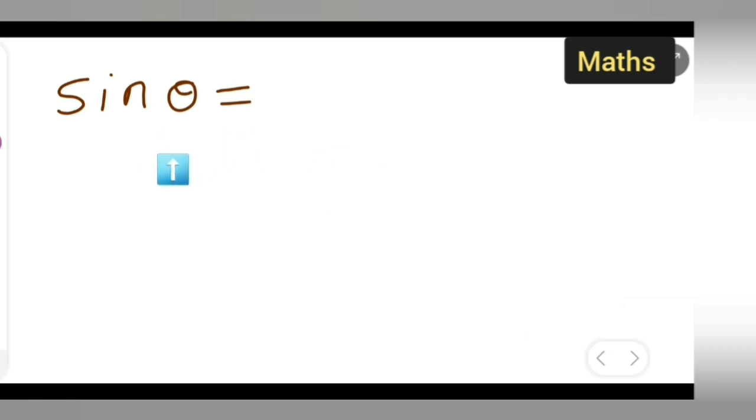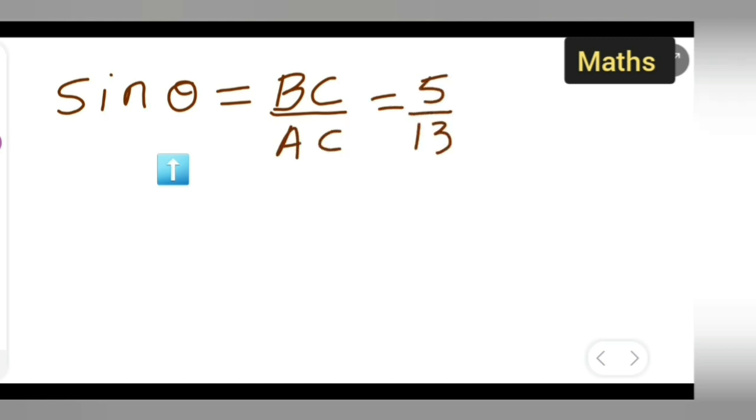Sine theta is what? Opposite upon hypotenuse. Now what is it? BC upon AC, which is equal to 5 upon 13. Next, let us find out the cos theta. But before that, let me explain how I got this.